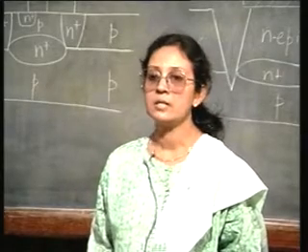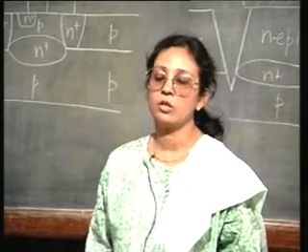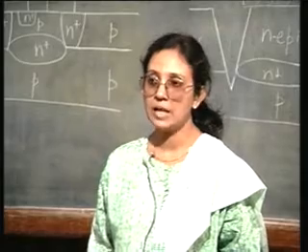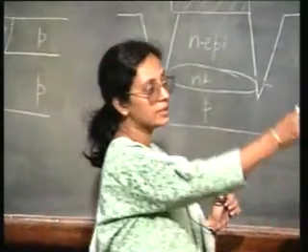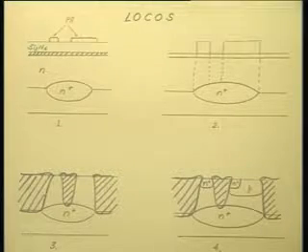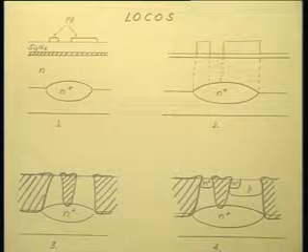Now, it is a selective oxide isolation, referred to as LOCOS, local oxide isolation, that is the most prevalent technique today. If we look at the next card, we will find how a LOCOS isolation takes place. LOCOS, that is local oxidation.